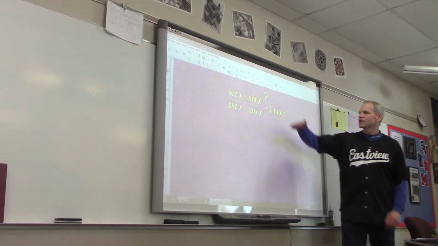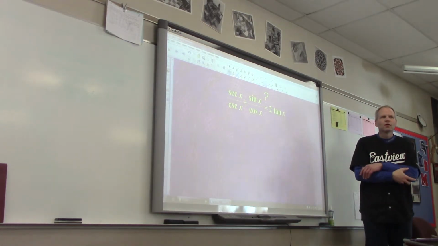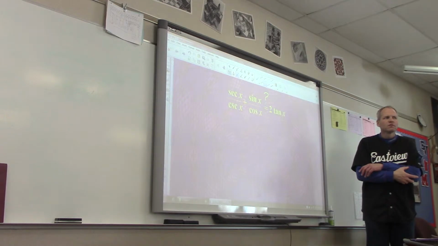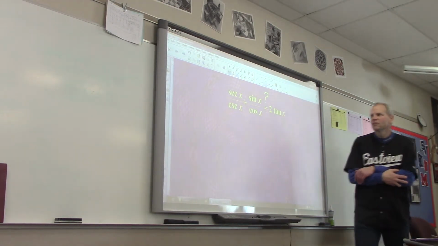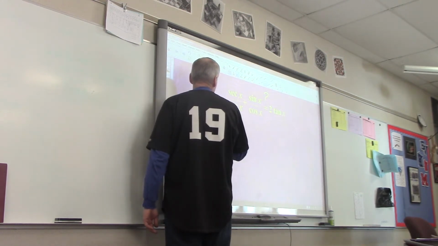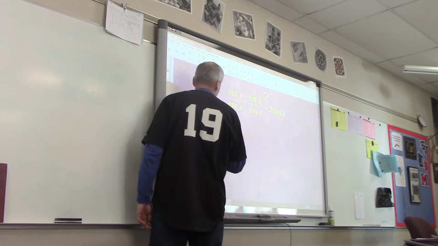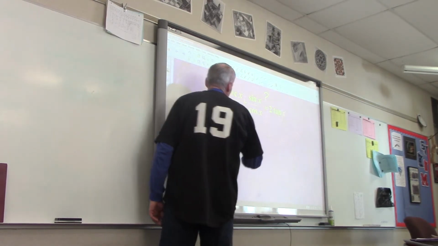So on this particular mess right here, what route might you go? Switch to sine and cosine. Secant could become 1 over cosine. Cosecant, 1 over sine. So you know what's kind of cute?